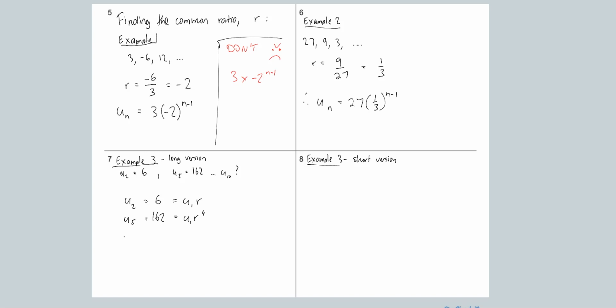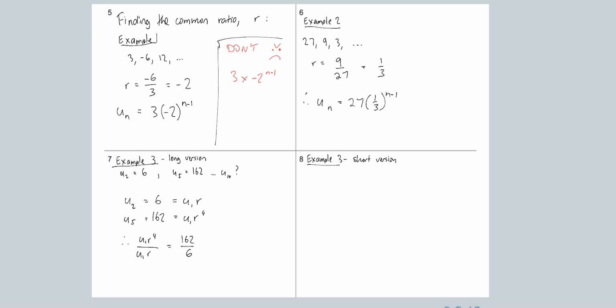Watch this. Therefore, u sub 1 r to the power of 4 divided by u sub 1 r to the power of 1 must equal 162 divided by 6. This is why I was getting you to do it as fractions.